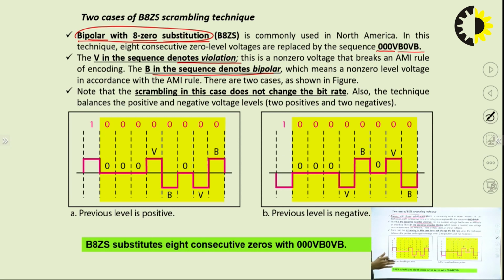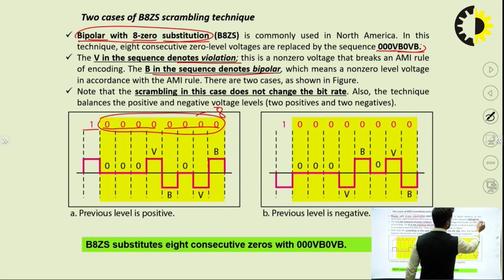Whenever long 0s come, that will create a synchronization error, so that will be replaced by this sequence 000VB0VB. Now see in this example. Suppose this is our data 1 0 0 0 0 0 0 0 0, and you can see the total number of 0s is 8. When 8 zeros come, we will replace this data by 000VB0VB.